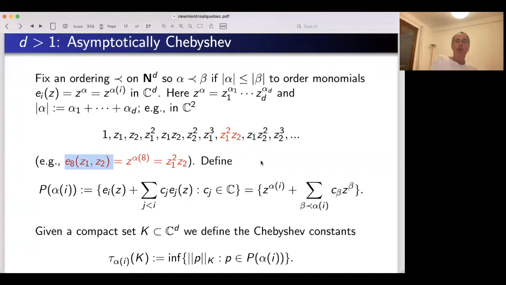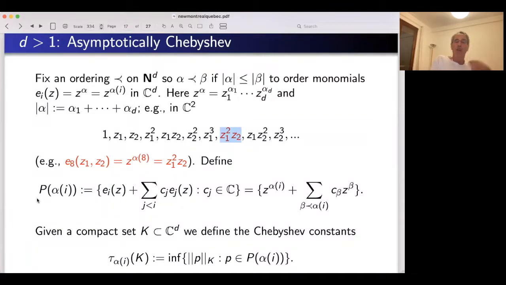Okay? With each of these E sub i's, or with each multi-index, if you like, I'm going to associate an analog of a monic polynomial class, in the sense I'll take the class that consists of E sub I, this ith monomial, plus a linear combination of the guys that come before it. So for example, this 8th class would be all polynomials of the form Z1 squared Z2 plus a linear combination of the previous 7.